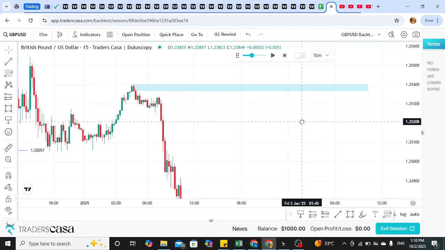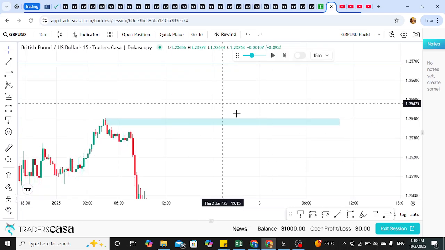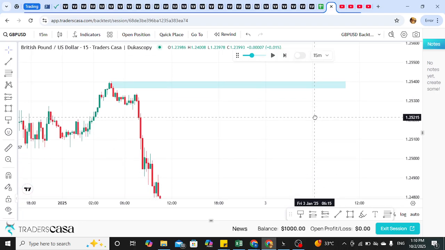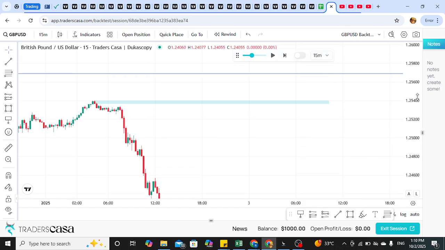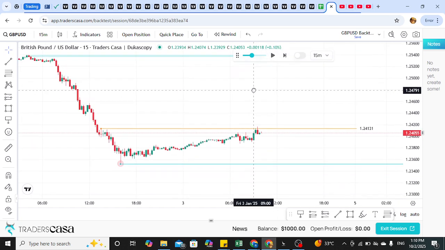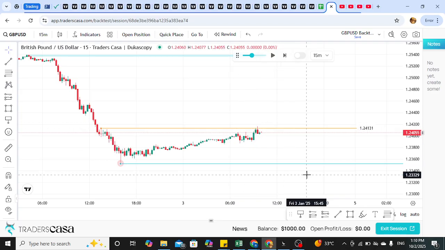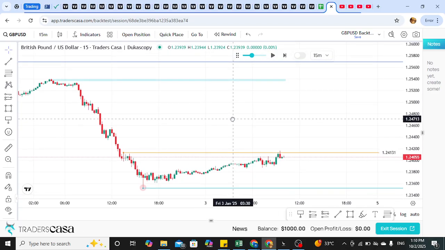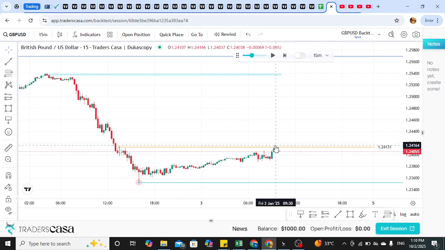Now, if this is what I'm going to take, this is a sell order. The concept here is that this is a liquidity area. So it might just take this liquidity here and go down. But this is another liquidity area, and it might just ignore it and move back.